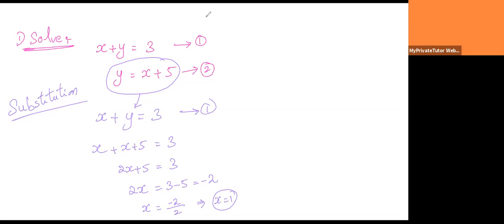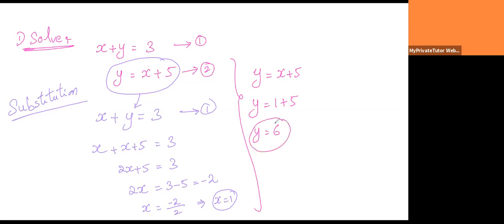So we got x equals 1. Substitute this x value in either of the given equations, the first or the second, which is x plus 5. So x value is 1, so 1 plus 5. The y value becomes 6.